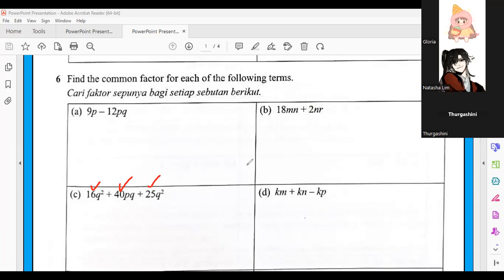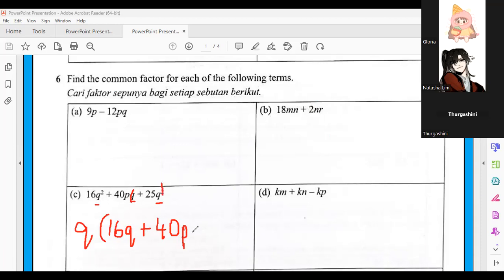I'm going to work with the P. Can you see? Sorry, the Q. Every term has a Q there. So what I'm going to do is take out the q first and see how it looks like. So now if I take out q from q squared, I'm going to have here still 16q. Do you see that? Plus, if I take out q, I'm going to only have here 40p.